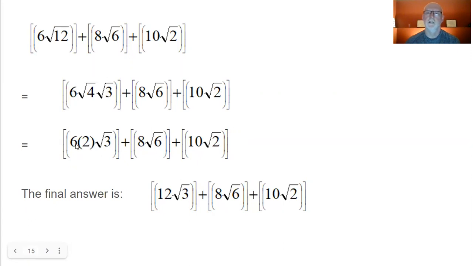In this case, there's a 6. So 6 times 2 is 12. So we get 12 root 3. And the last two terms stay the same because their radicands 6 and 2 have no factors that are perfect squares. So our final answer is written at the bottom there.